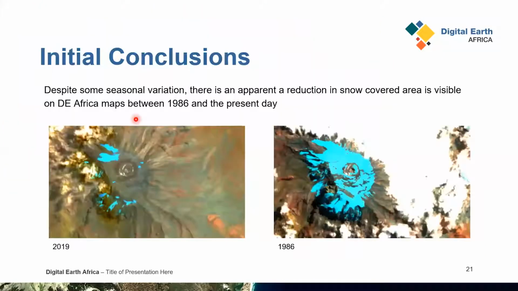So we concluded that despite the seasonal variation, there's a reduction in snow cover areas, and it was visible throughout the images between 1986 and today. You can see the differences.